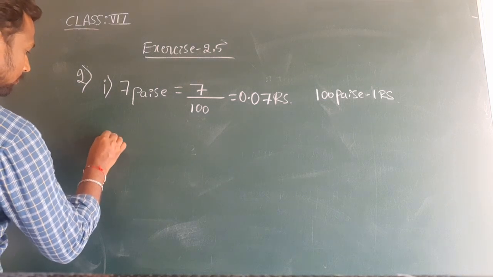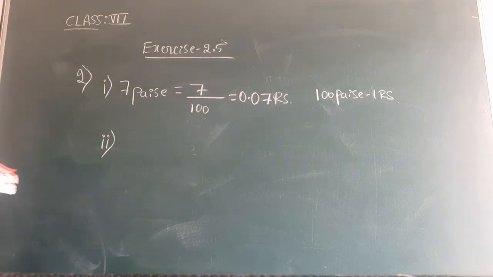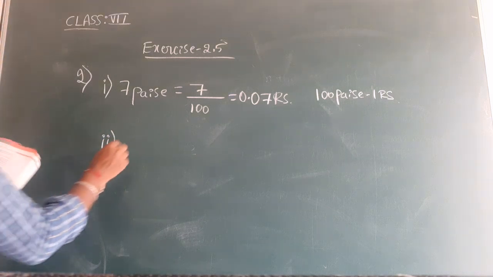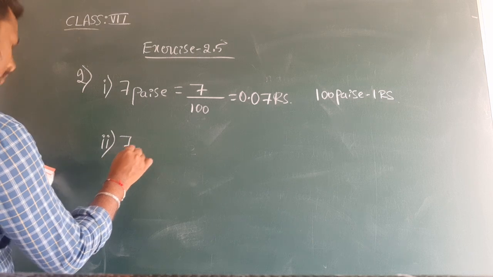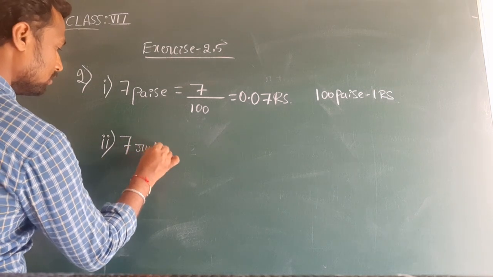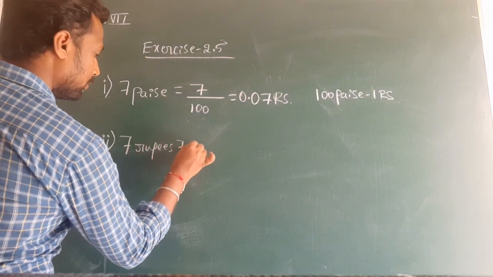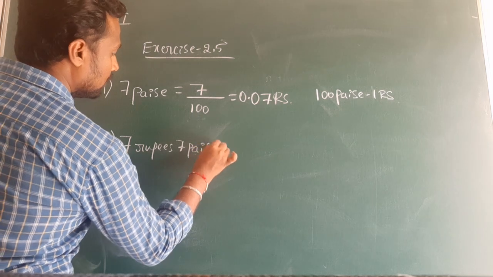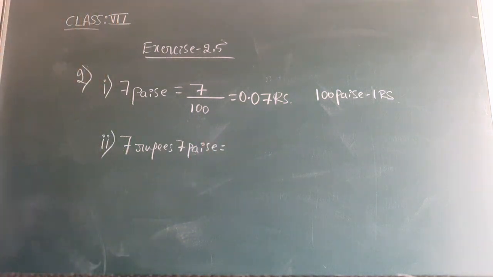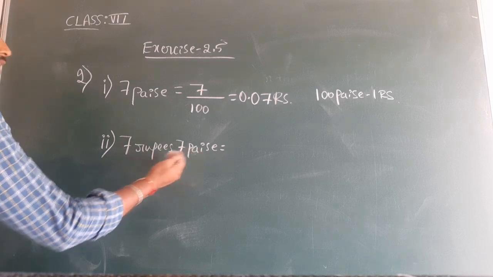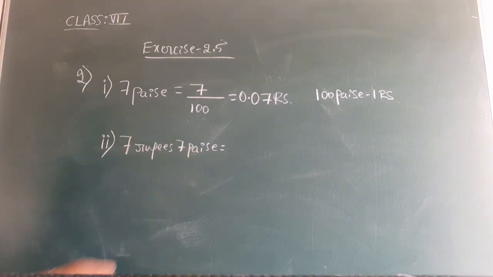Second problem of this second main question. Again they have given 7 rupees 7 paise. We have to convert this value to paise. How can you convert this? Already some part of this value is in rupees and some part is in paise.